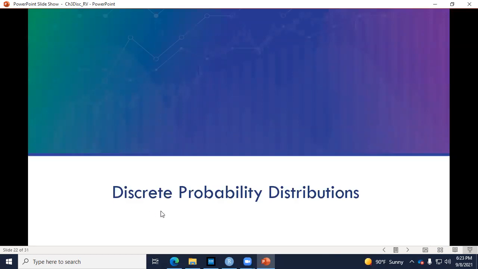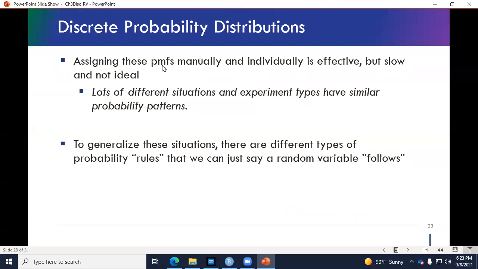Well, eventually we get to some of the families of discrete probability distributions. But previously, what we did is just manually assign probabilities to the realizations of the random variables. It is effective, but slow and not ideal.